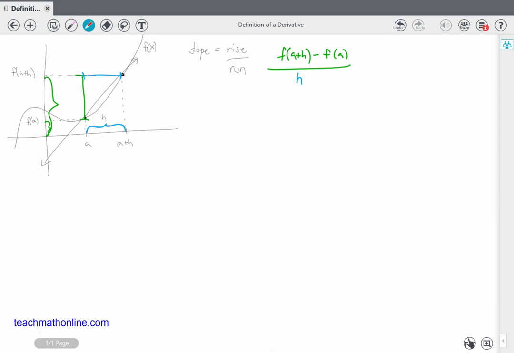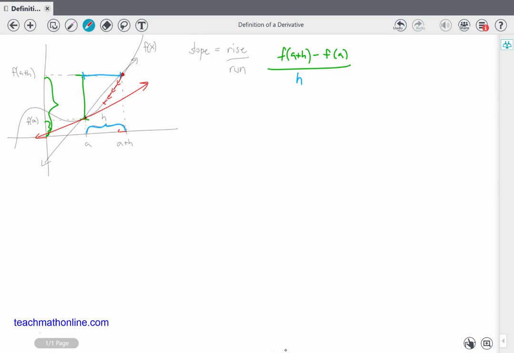So if we wanted to ask ourselves, what's the slope of the original line that we wanted, we'd have to take this second point and march it closer and closer to our original point.